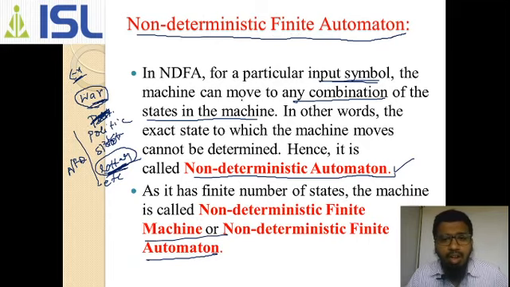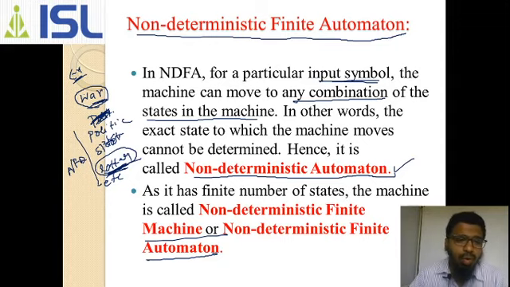NDFA takes an input symbol, the machine can move to any combination or different combinations, and after that we will get the answer. So we took the examples of NFA: war, politics, sports, lottery, etc. All of these come under NDFA.